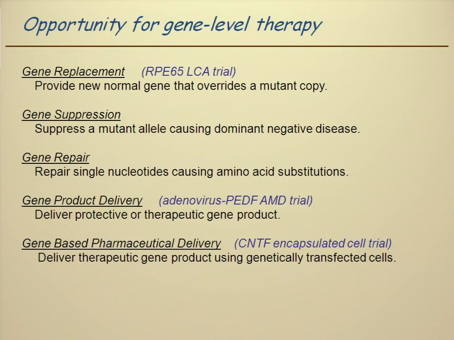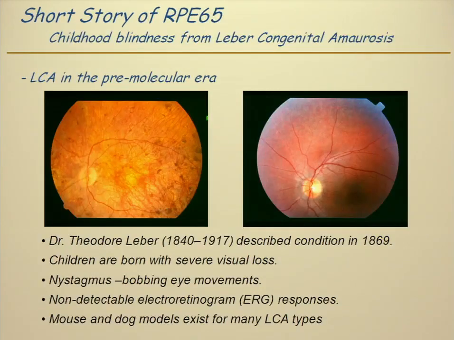Let me turn back to this RPE65 for a moment. The story starts in 1869 when Dr. Theodore Leber saw several children who were blind. They were born blind, with severe vision loss. They had bobbing eyes, nystagmus movements, a sign of congenital, severely impaired vision.